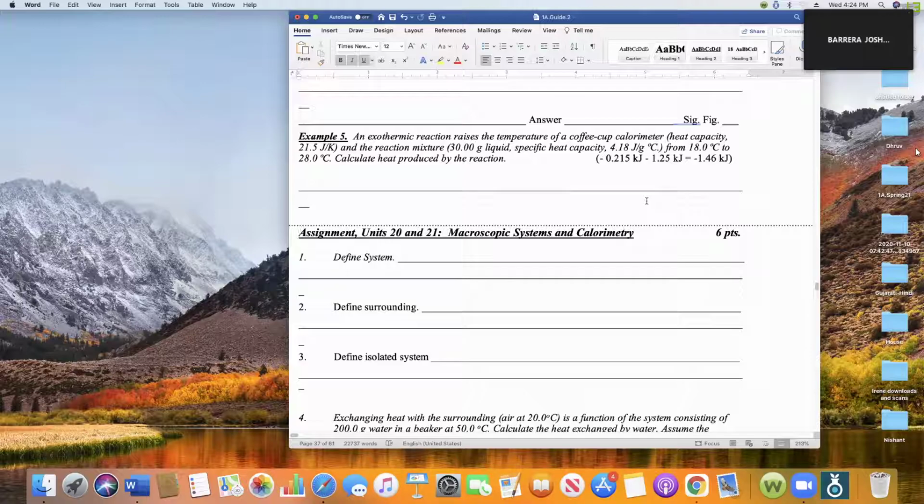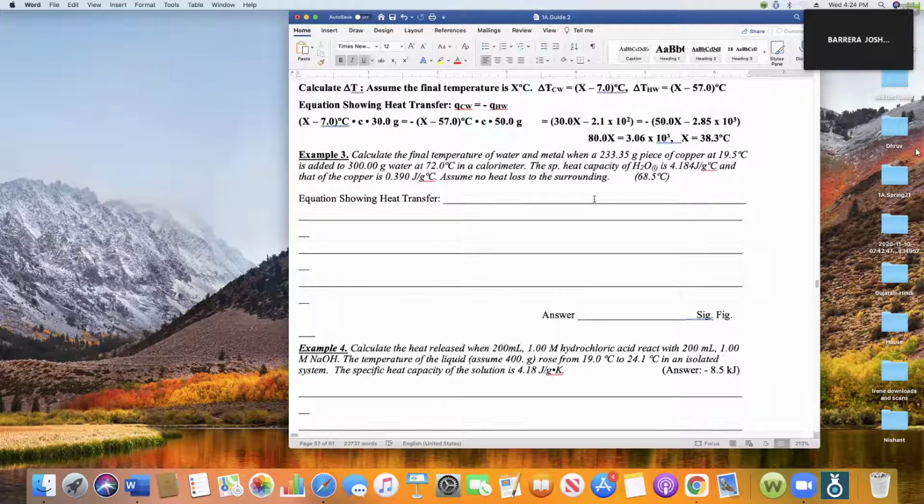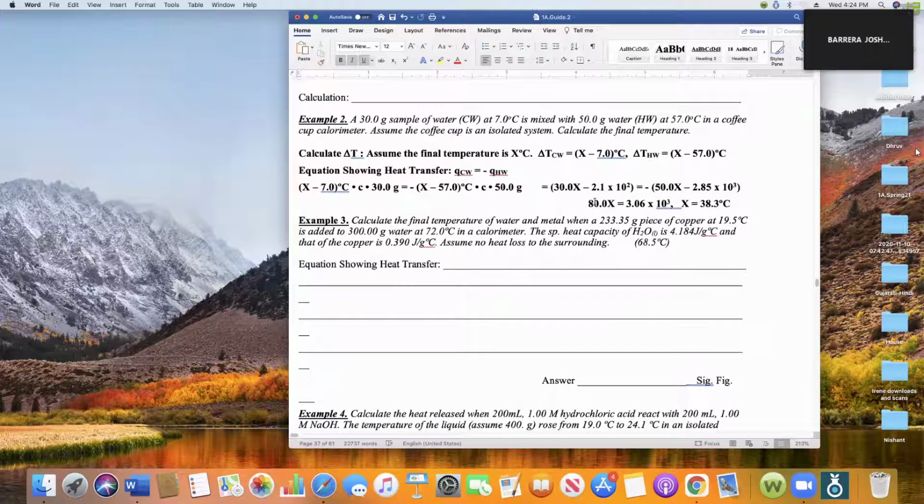Okay, I'm trying to see how we get this negative 0.215.